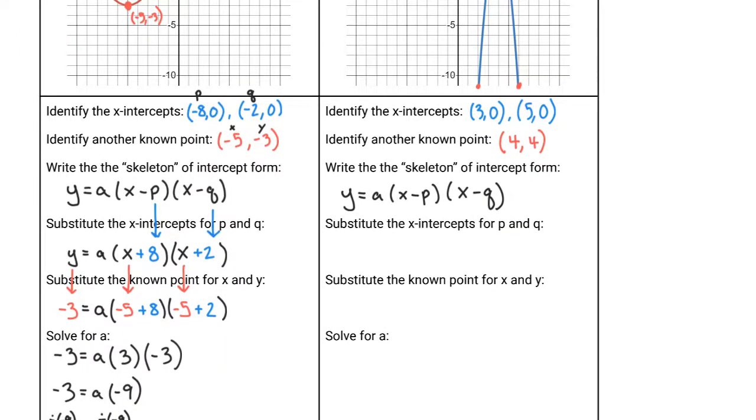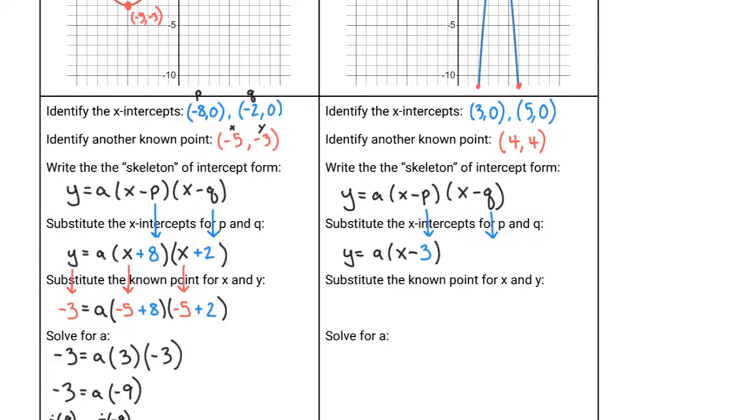We start with our P and our Q, being mindful of the sign. So we've got y equals A times x minus P. It was +3, so in fact, we actually stick with that minus sign. And in fact, here I'll do that as black, because P is just 3.